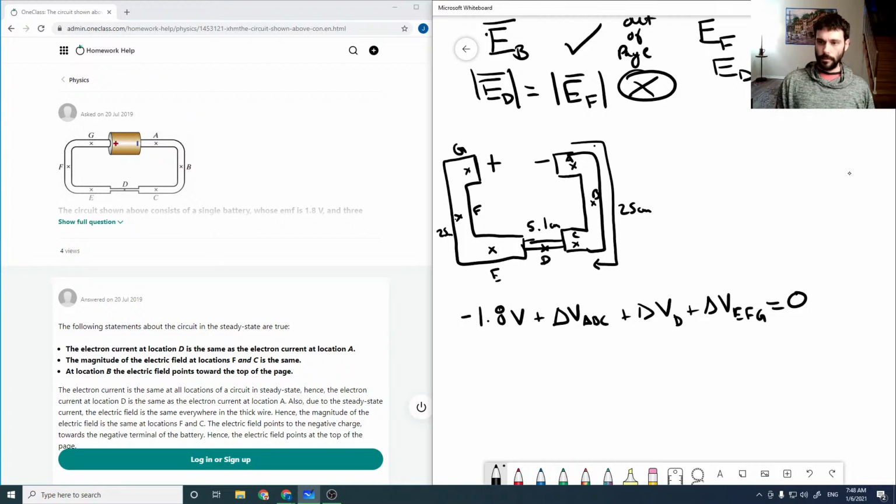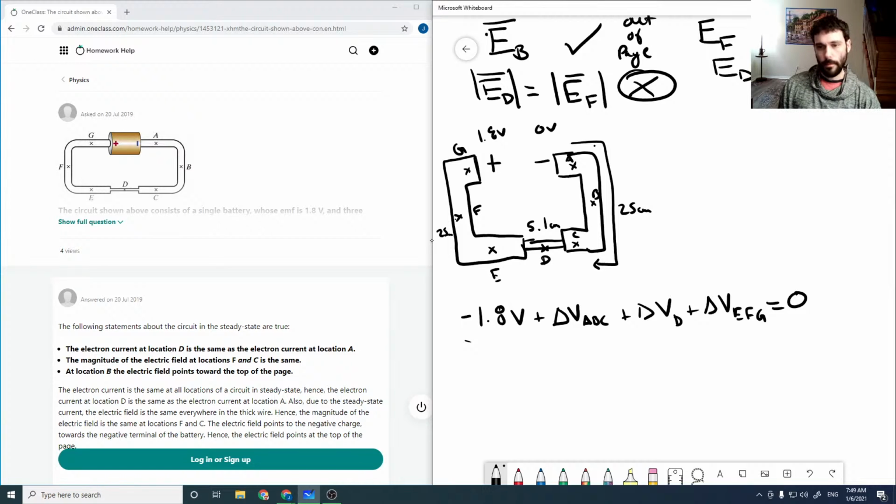So that's basically our Kirchhoff loop there, where we're saying that if we go all the way around the circuit in this way, then we should have a complete voltage drop. So minus 1.8 volts plus each of the delta V's.